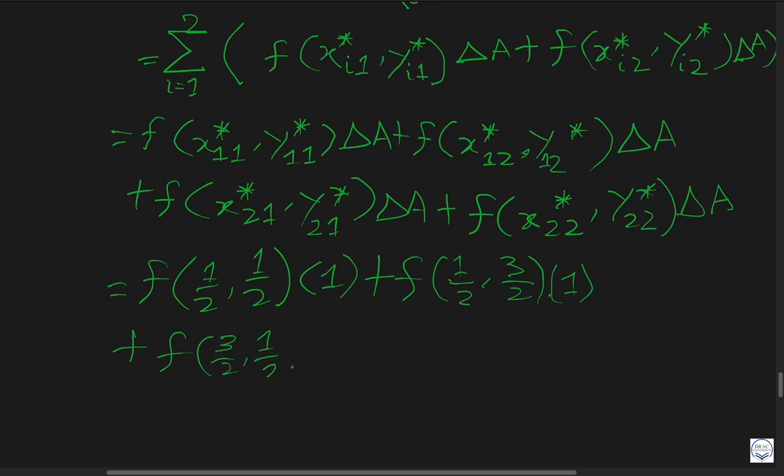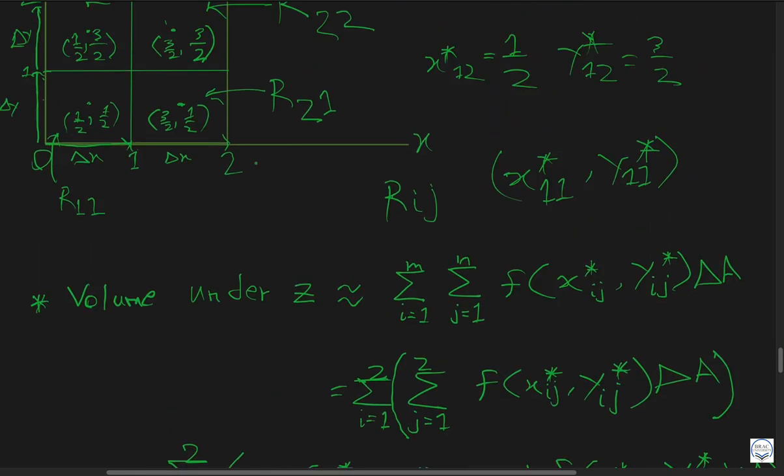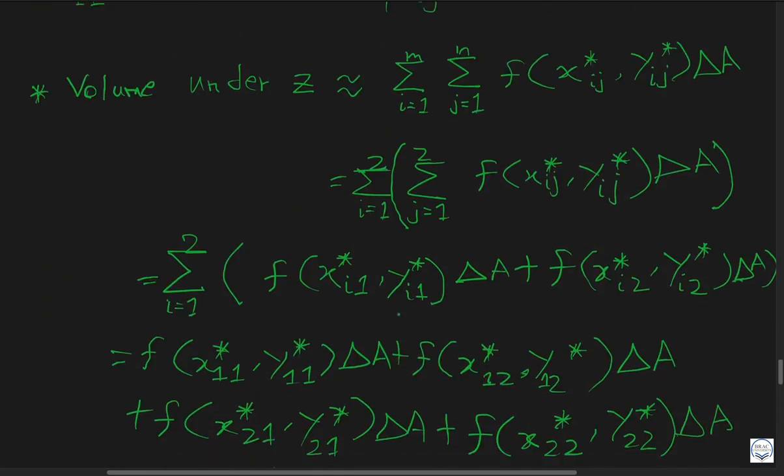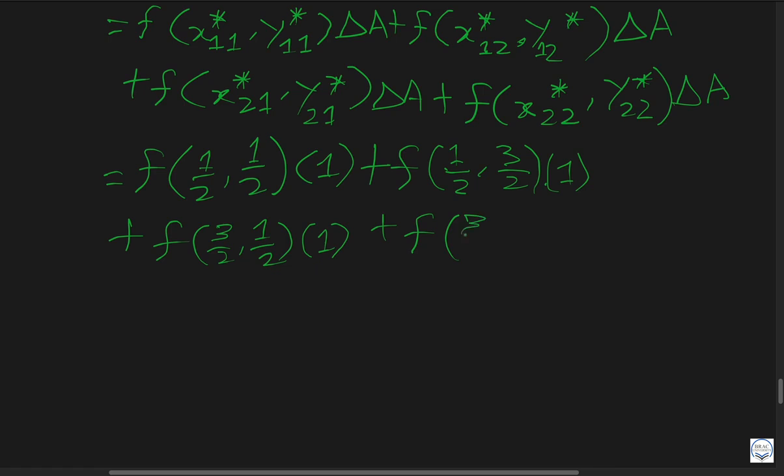So this is at the region R21. So let's go to R21. Here we can say that the x star coordinate must be 3 by 2 and the y star coordinate must be 1 by 2. So we write that down. Now delta A is 1, which is why I've put a product of 1.